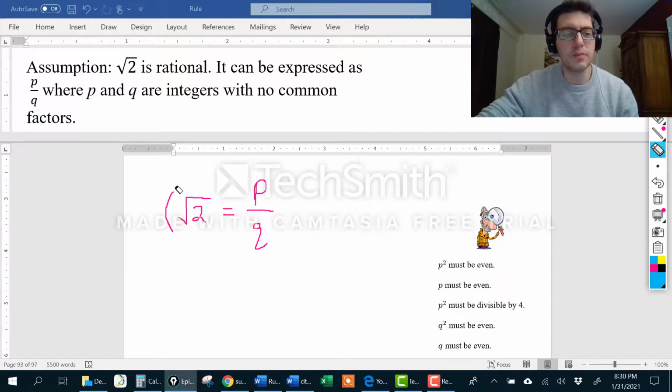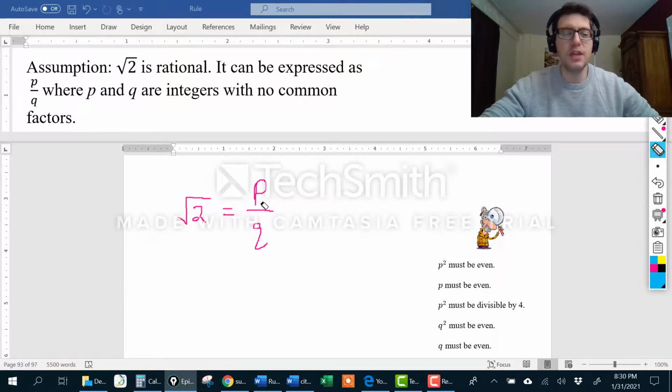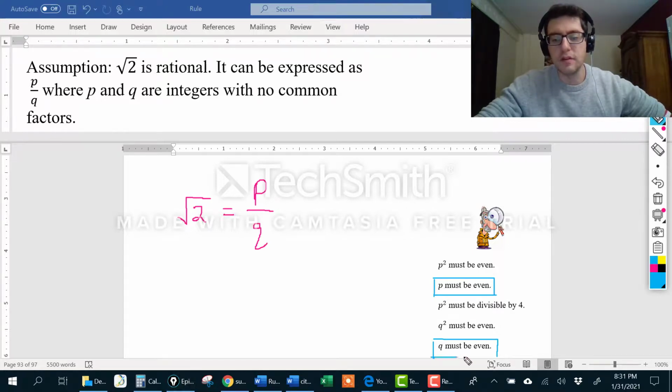Our original assumption was that the square root of 2 can be expressed as p over q, where p and q are integers with no common factors. Except we just learned that if we write it this way, and we use a lot of logical reasoning, then we can figure out that p must be even, and q must be even.